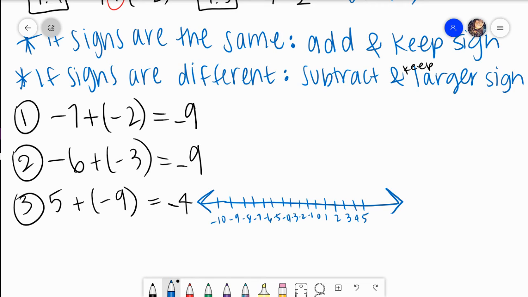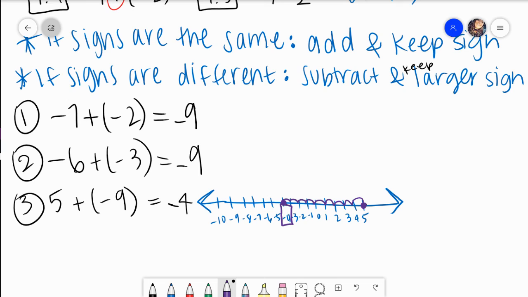Say right now I have $5 in the bank. And then I'm going to add a -9. So this is pretty much saying 5 minus 9, right? And if I minus 9 from 5, 1, 2, 3, 4, 5, 6, 7, 8, 9. I get to a -4. That's its representation on a number line.